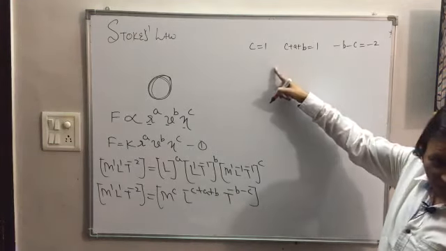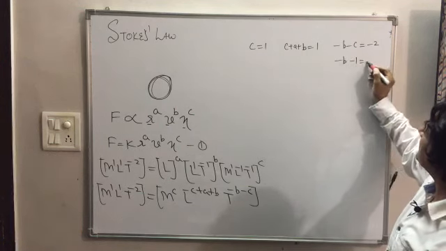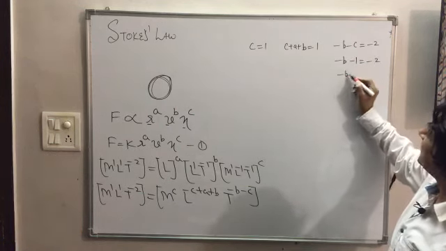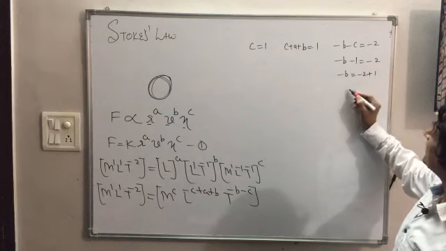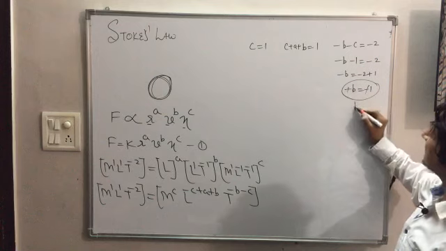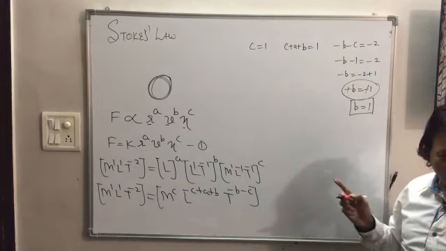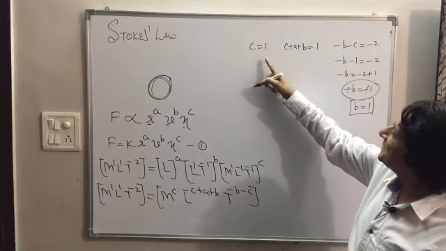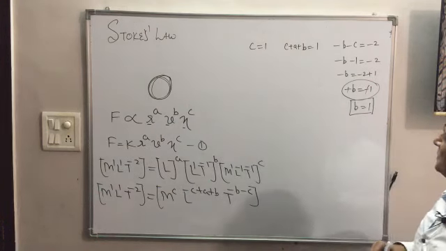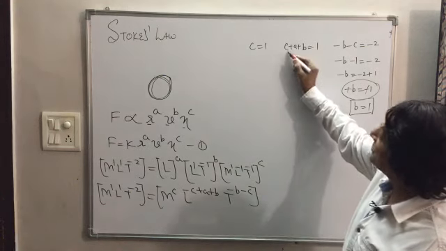C is 1, so minus B minus 1 equals minus 2. So minus B equals minus 2 plus 1, minus B equals minus 1. Minus gets cancelled, B is equal to 1. So B is equal to 1, and C is equal to 1. Right, students?